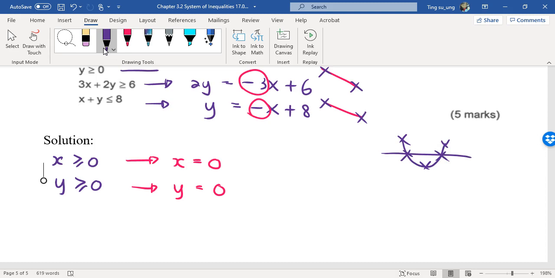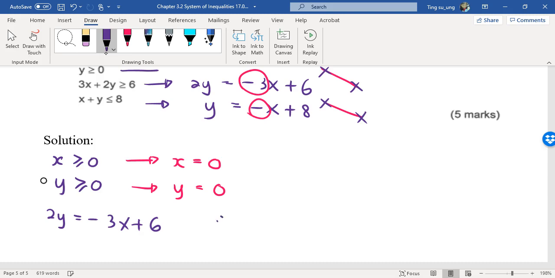I hope that is very clear. So let us proceed. Since you have 2y equal to negative 3x plus 6, the best way is to use 0, meaning your x-intercept and y-intercept, which will be easier. If you want to find any other points, it can be done as well.